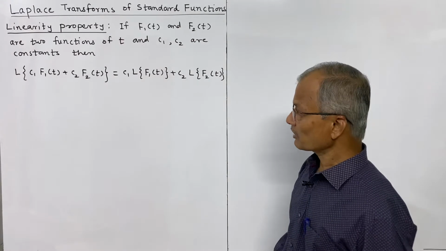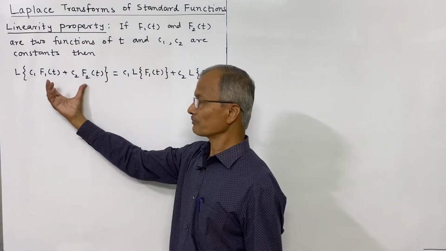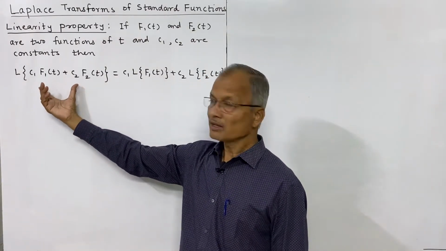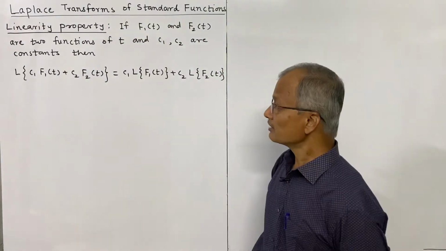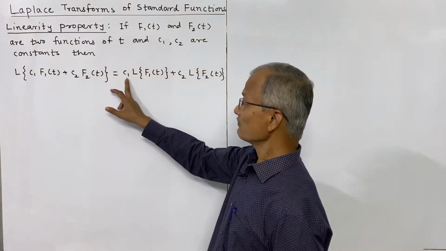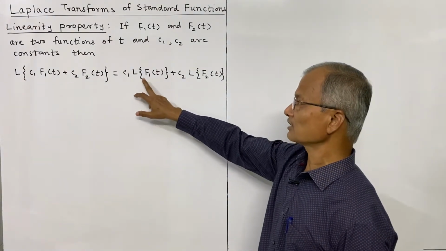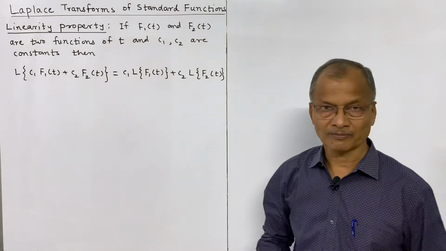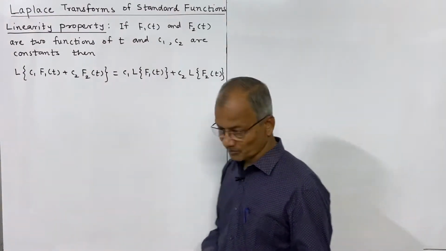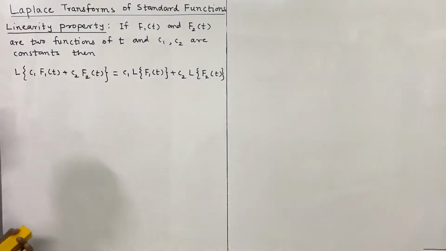So the Laplace transform of this combination of f1 and f2, where c1 and c2 are constants, is equal to c1 into Laplace transform of f1 plus c2 into Laplace transform of f2. So this is the linearity property and we shall prove it.